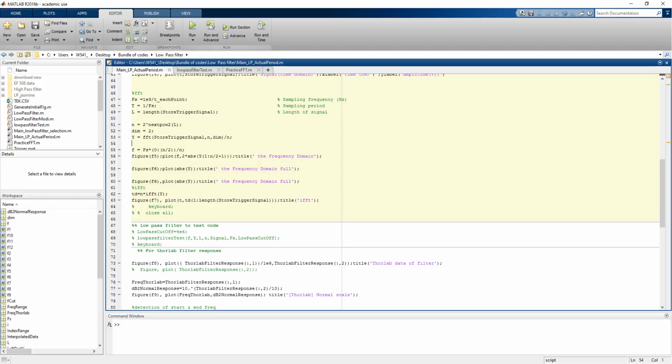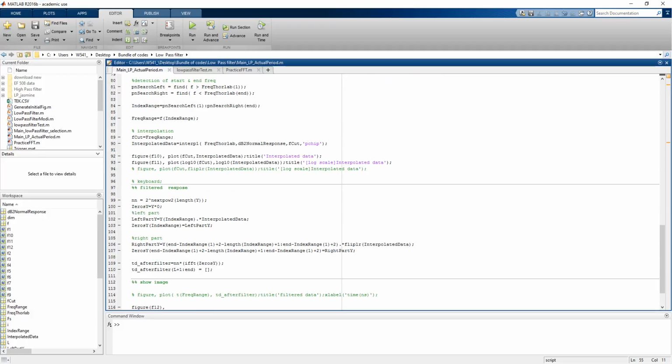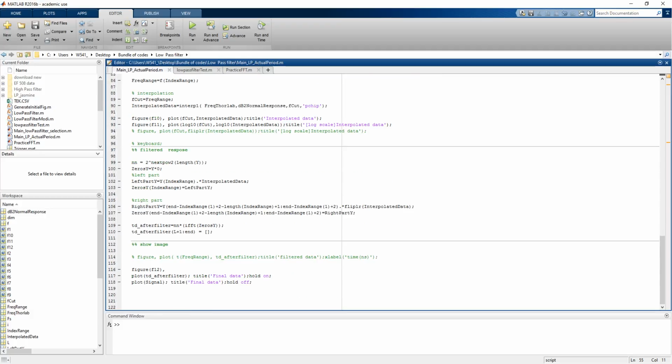You have to multiply this FFT data with only the portion that the low pass filter will allow to pass, not the whole portion. This interpolated data is the frequency response of the low pass filter, and it is exactly matched with this index range because we did the interpolation to match the exact frequency.